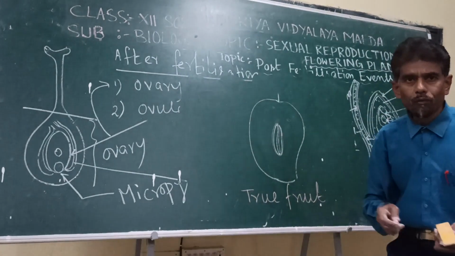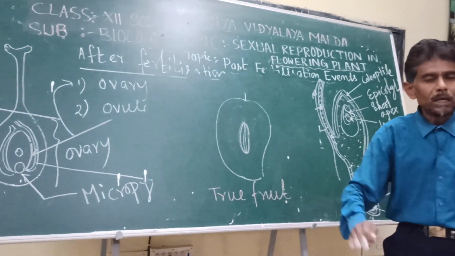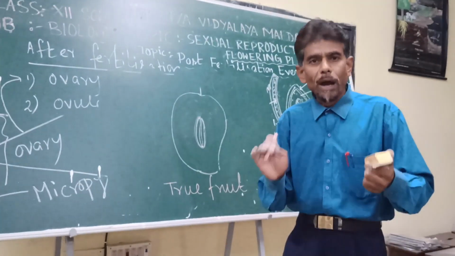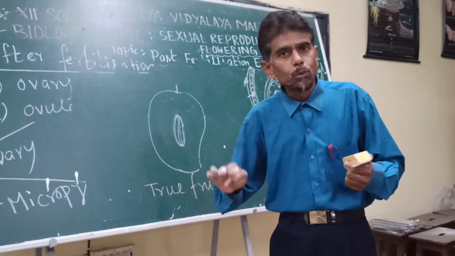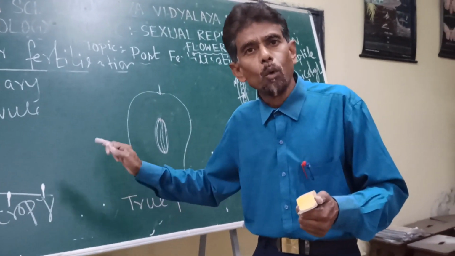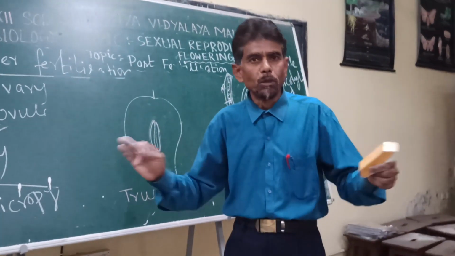So what is the true fruit? True fruit is a type of fruit wherein the fruit is formed only from the ovary. Only from the ovary.